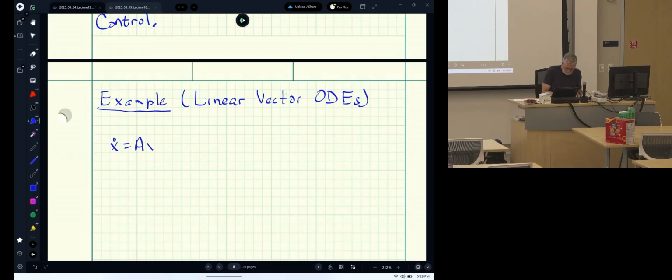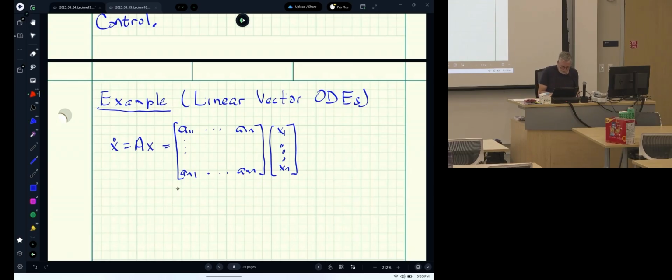So this is x dot equals A times x, where A is a square matrix, and x is a vector.